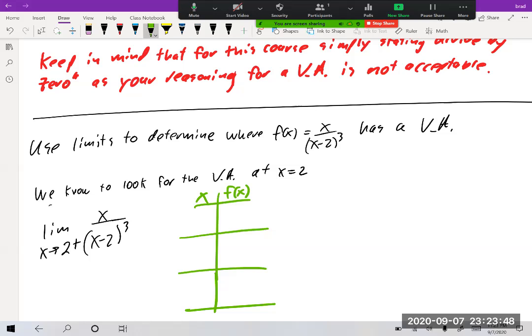So I'm going to take, I guess we'll go 2.01, 2.001, and we'll go 2.0001. That should be good. So I'm going to take out my calculator. I'm going to do 2.01 divided by (2.01 minus 2) cubed.